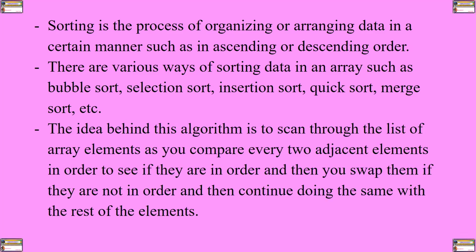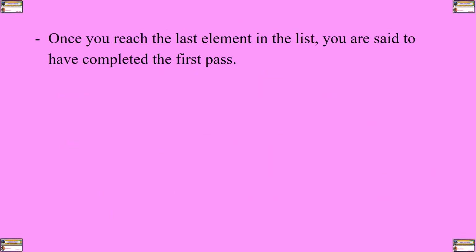The idea behind this algorithm, especially the idea behind bubble sort, is to scan through the list of array elements as you compare every two adjacent elements in order to see if they are in order, and then you swap them if they are not in order, and then you continue doing the same with the rest of the elements. Once you reach the last element in the list, you are said to have completed the first pass.